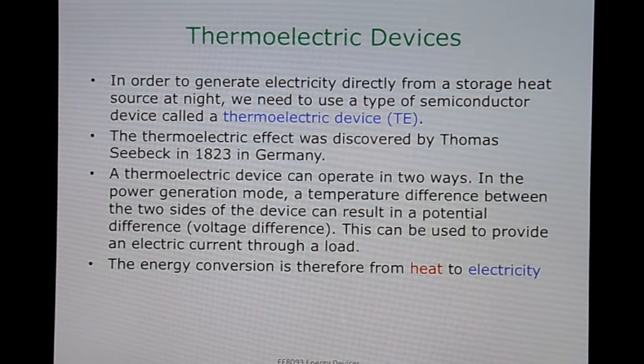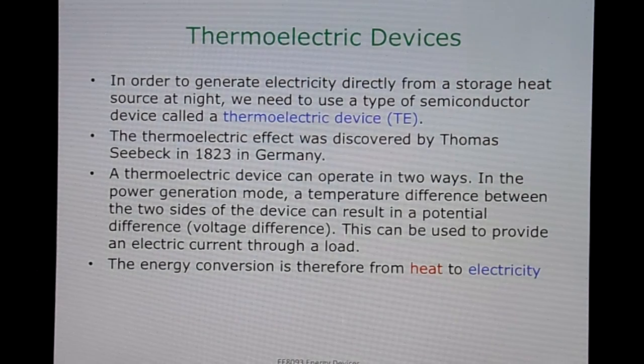A little bit of background information. The thermoelectric effect was first discovered by a German scientist called Thomas Seebeck in 1823.